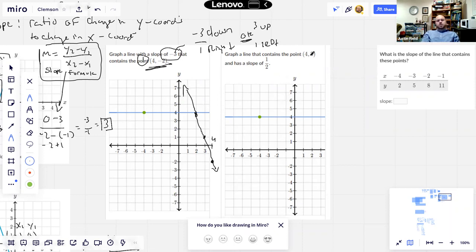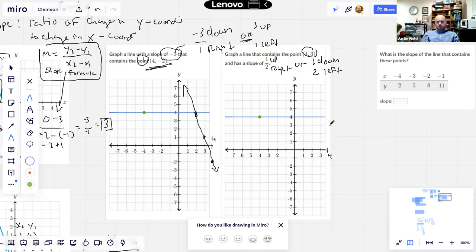All right, so this one is a little nicer, except they cut off my 4 again. But anyway, it has a fraction already. So we go up 1 and right 2, or 1 down and 2 left. Okay, but we're going to start at this point here, 4, 3.